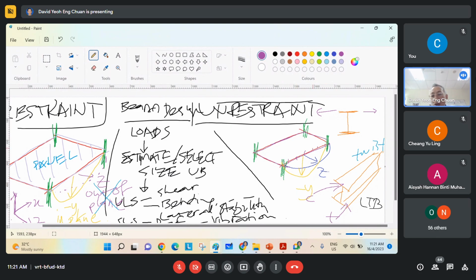So it can also create an unrestrained beam scenario. This week we will cover the restrained beam. Maybe on Wednesday we can do something more on the unrestrained. Let's move on to the next slide.